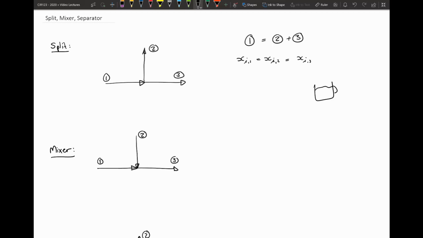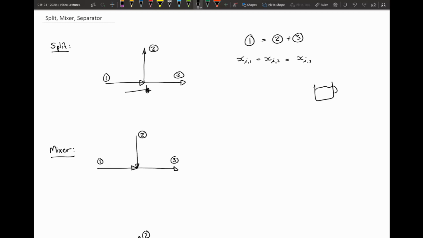If I split line 1 into line 2 and 3, at that split point, the composition does not change. It doesn't matter whether I put a teaspoon into the coffee or whether I take a sip of coffee, whether I put a big spoon in, small spoon in, spill half of it out. I'm spilling a coffee mixture, which is going to be water, milk, coffee, sugar, the stuff that you put in your coffee.